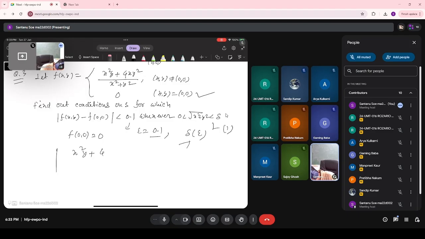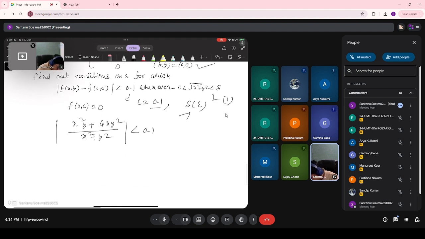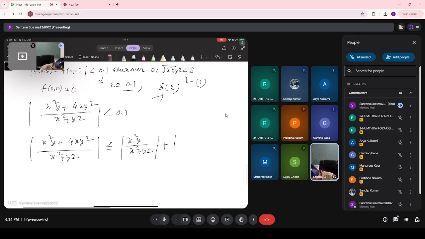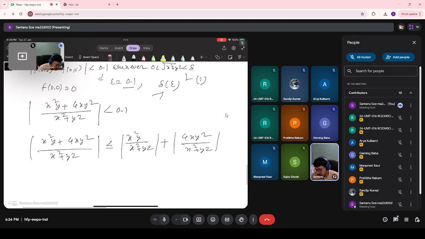(x²y + 4xy²) divided by (x² + y²), and this should be less than 0.1. So from here, try to see that the modulus of (x²y + 4xy²) divided by (x² + y²) is less than or equal to the modulus of x²y divided by (x² + y²) plus 4xy² divided by (x² + y²), right?